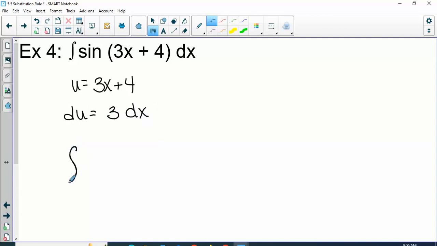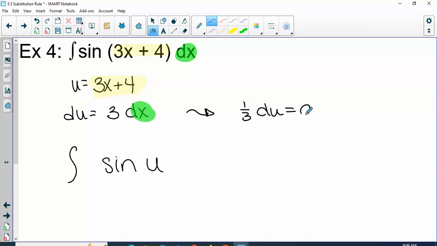So when I do the antiderivative, 3x plus 4 is going to turn into u. All I have left though is a dx, so I don't need my 3. We would divide it over, so the dx portion gets replaced with a 1/3 du.